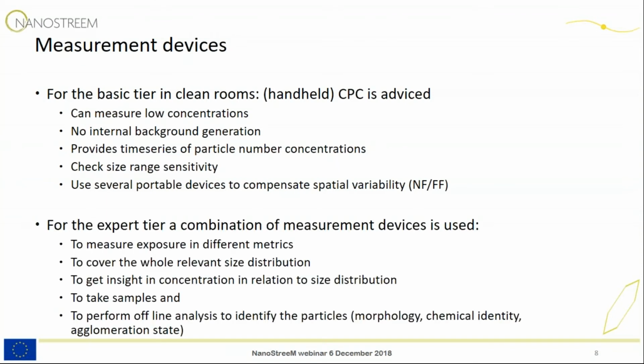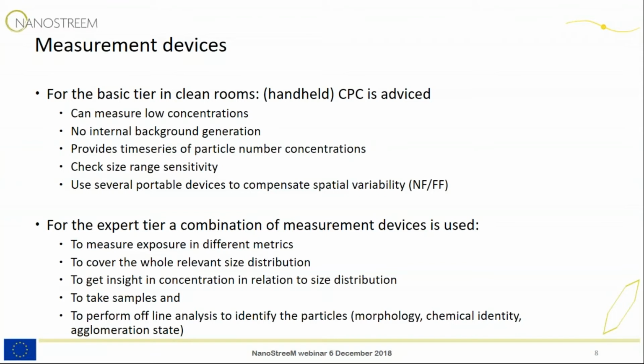For the expert tier, a combination of measurement devices is used. First of all, to measure exposure in different metrics. We're still not certain what would be the best metric, either mass or number counts or surface area concentration, to do the risk assessment in. Besides that, different devices have different size distribution ranges where they measure, so you need several devices to cover the whole relevant size distribution.